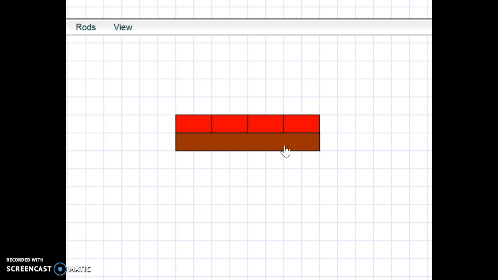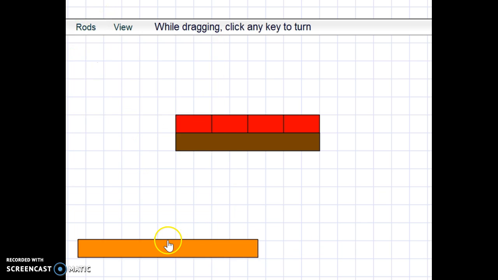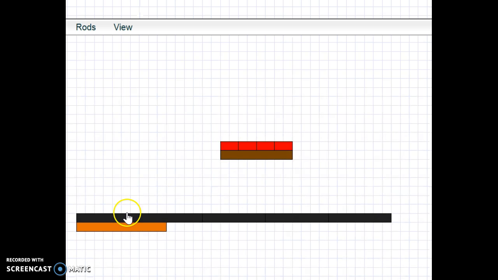If the orange rod is the unit, 5 copies of another rod placed end to end represents 3 1/2. Which rod is it? Take a stab and see what you come up with. Did you guess the black rod?